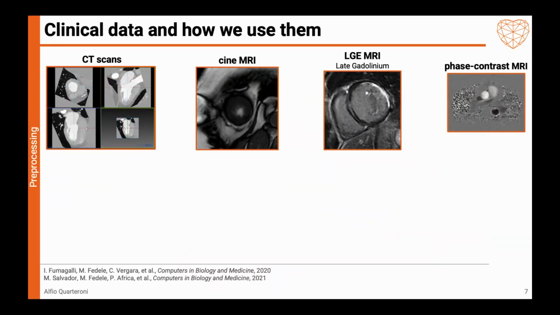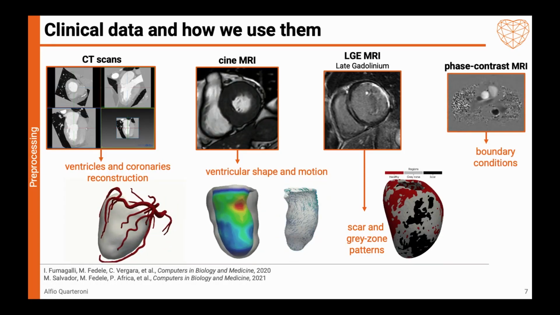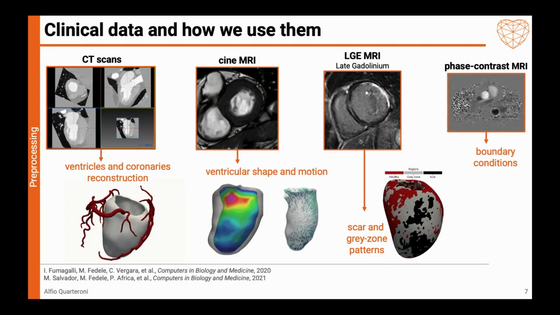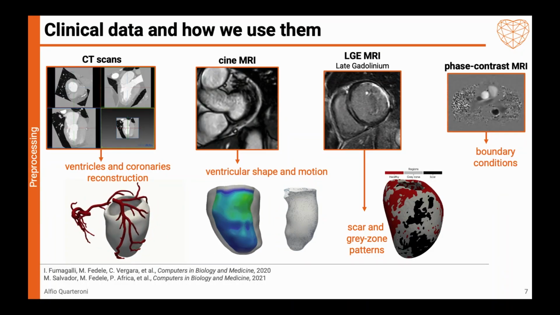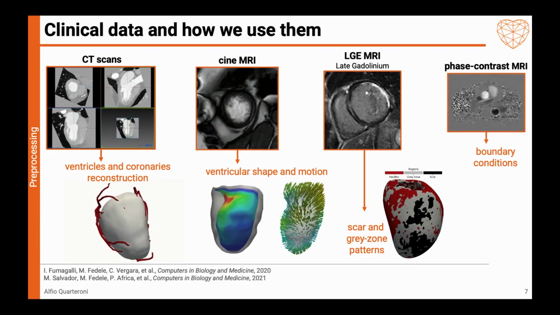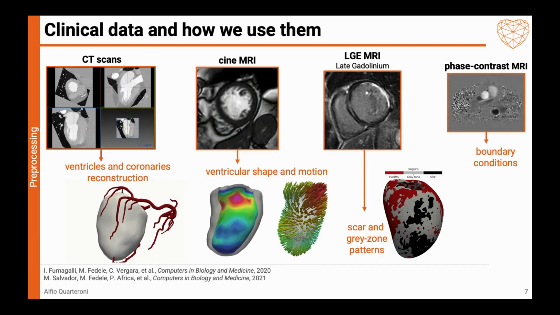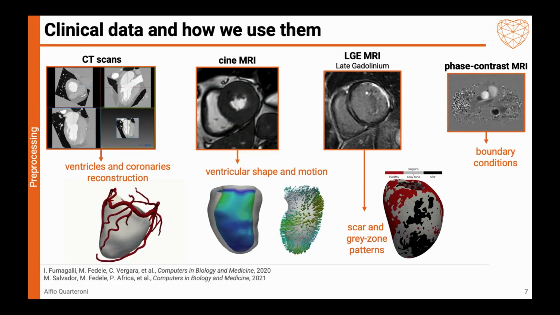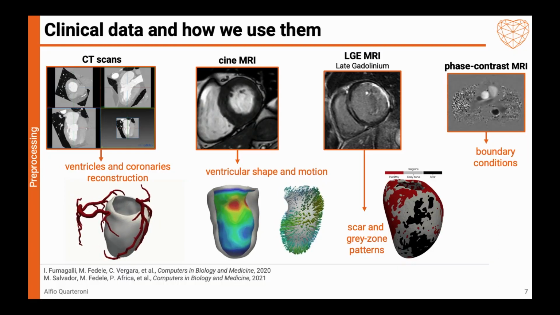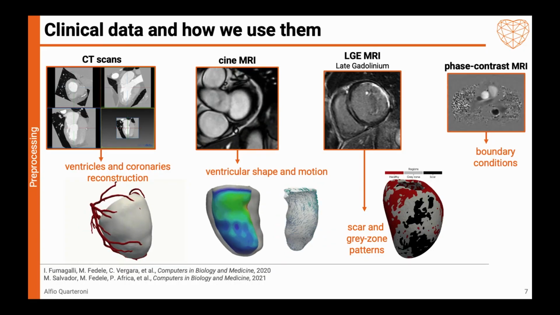We start from images coming from patients, so CT scan, CMRI, late gadolinium enhanced MRI or phase contrast MRI, and we use them to generate shapes, motion, and scars in the case of a single left ventricle, where the patient has been experiencing, say, a heart attack or some problems like this, which induces the fact that some of the fibers will be necrotic, so they will not be able to conduct the signal anymore.